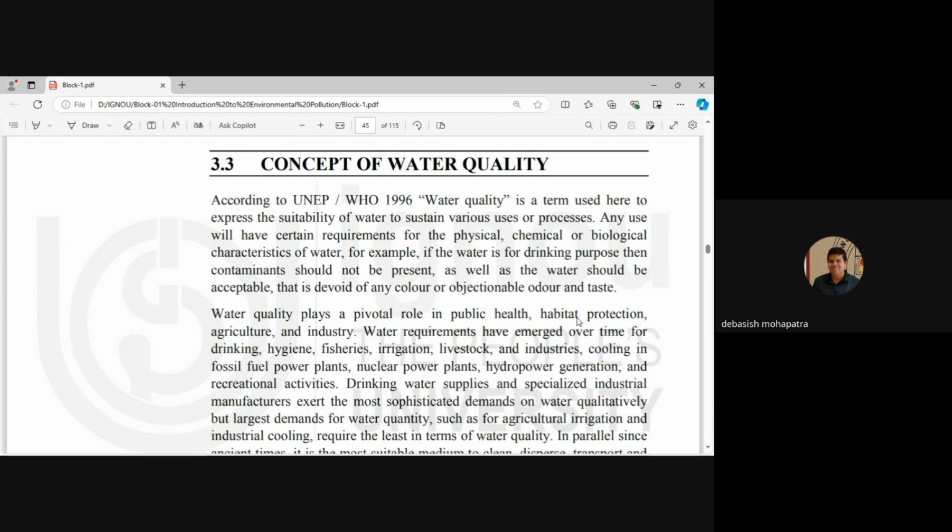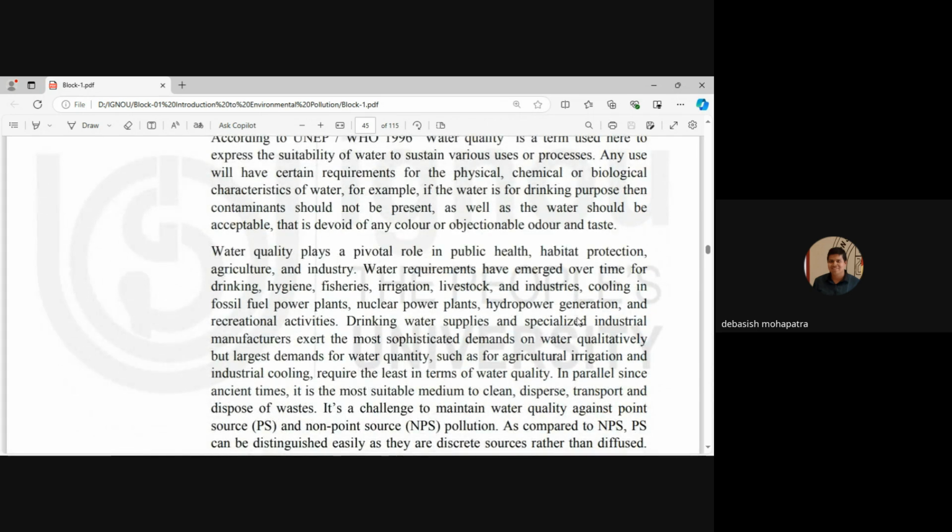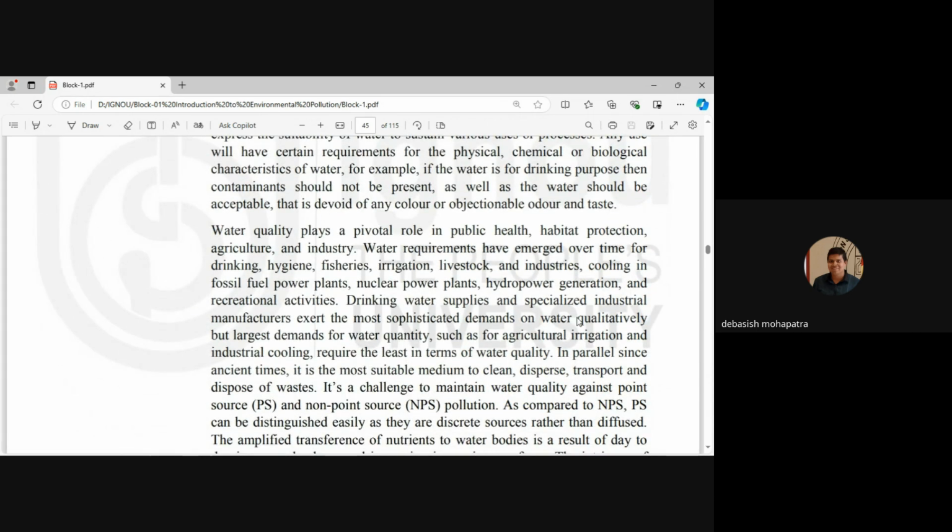Water quality plays a pivotal role in public health.